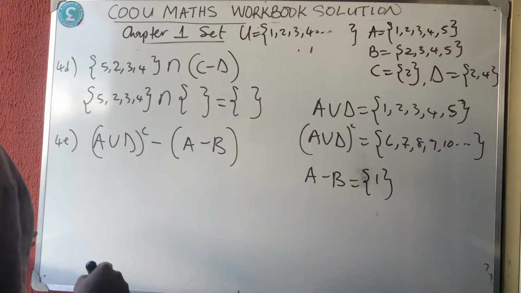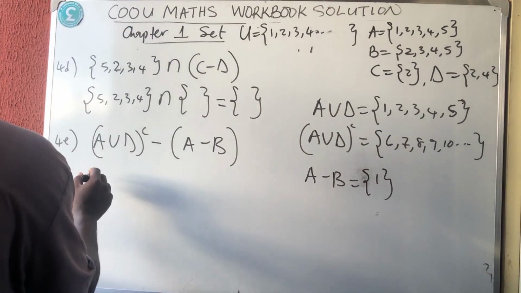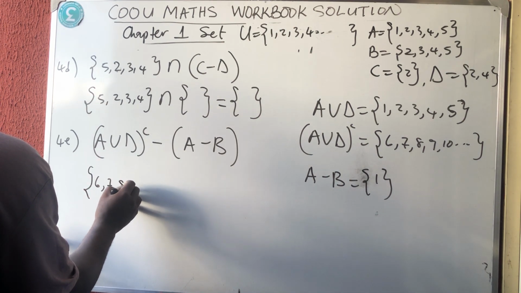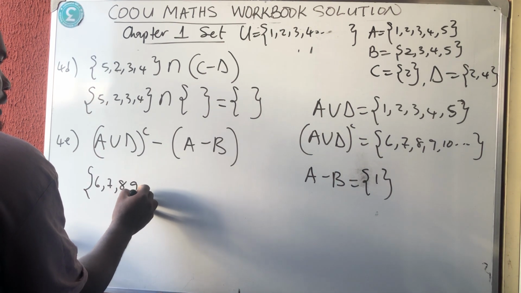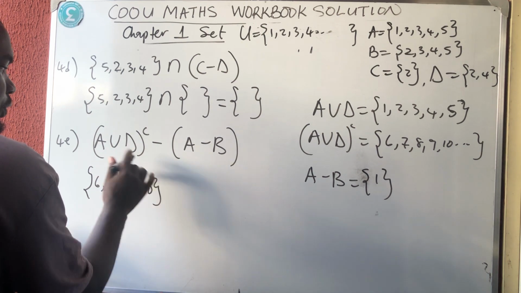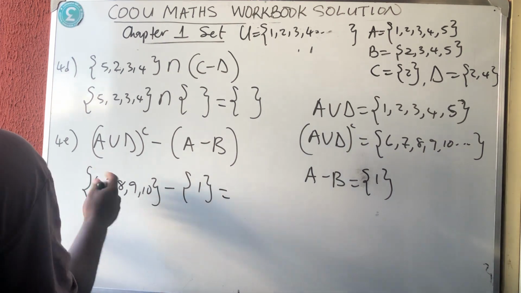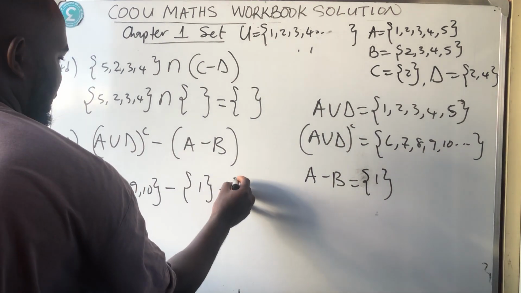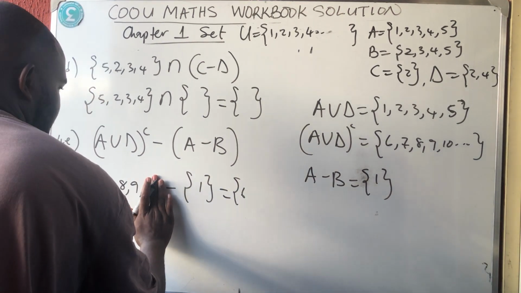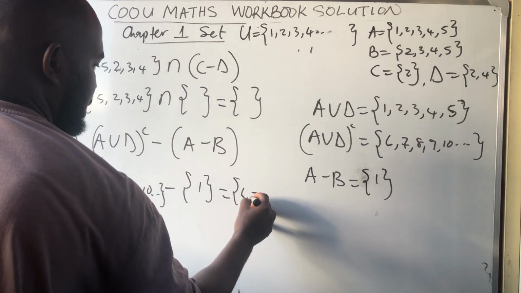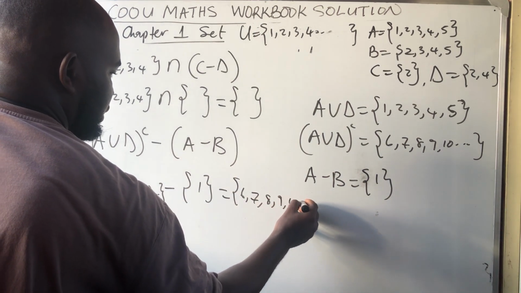So now, 6, 7, 8, 9, 10 is the answer I got for this one, minus 1 that I got here. If you remove 1 from this, you get 6, 7, 8, 9, 10, and so on.